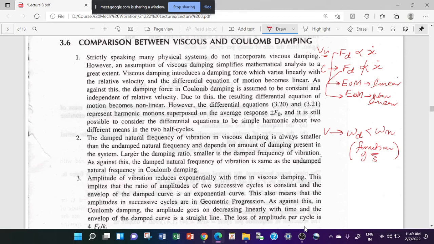In the Coulomb damping, omega d is equal to omega n, and this damping frequency is independent of the frictional force F naught.